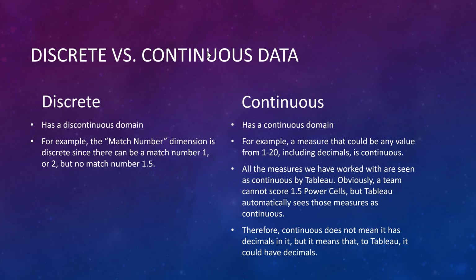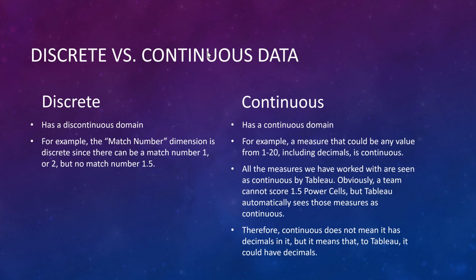So, by definition, those measures are supposed to be discrete because you can't score a decimal amount or a fractional amount of power cells or even points in a match. But Tableau is just seeing that it could have decimals. It's just Tableau's way of classifying it, and those measures are seen as continuous.